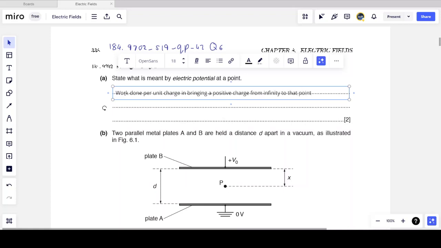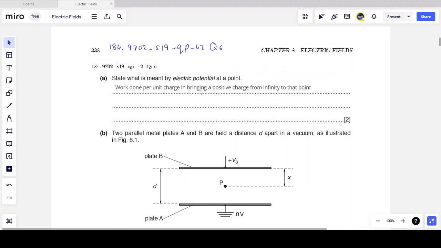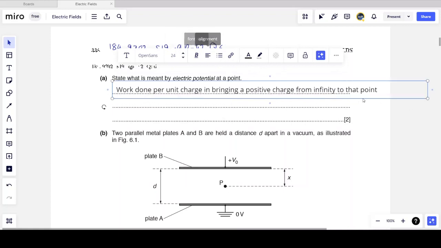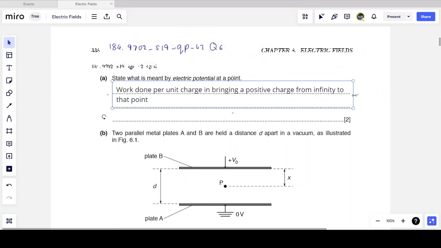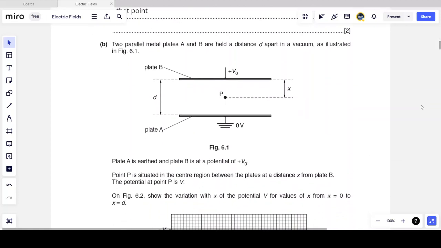We have to make sure we don't confuse this with potential energy; potential and potential energy are two different things. Potential is the amount of work done, specifically dividing it by a charge, per unit charge in bringing that positive charge from infinity to the point in question. And this we've seen many times.